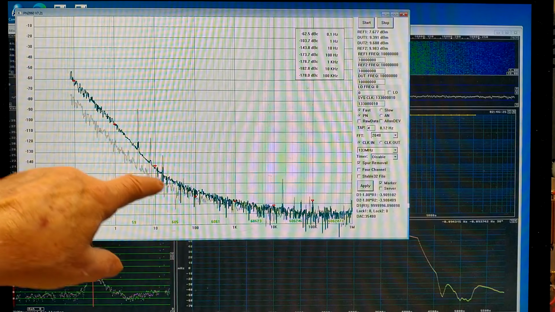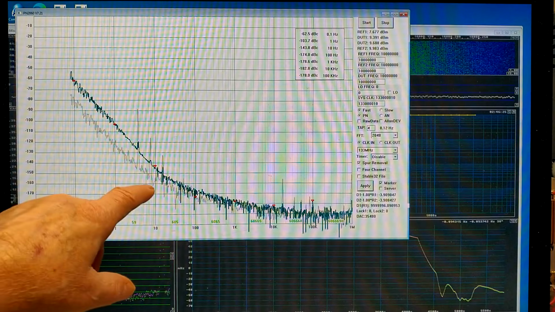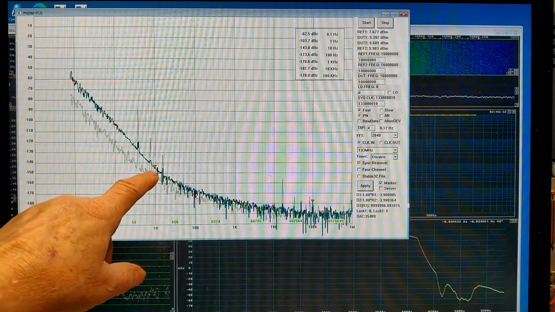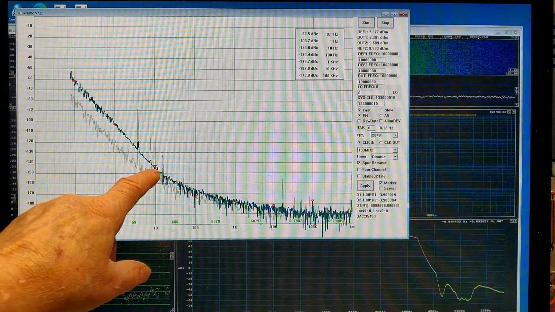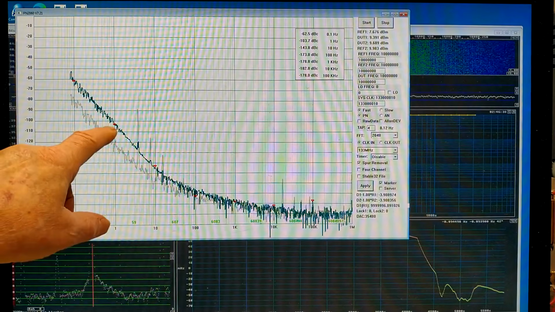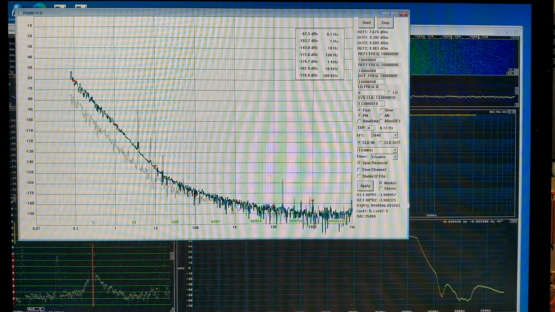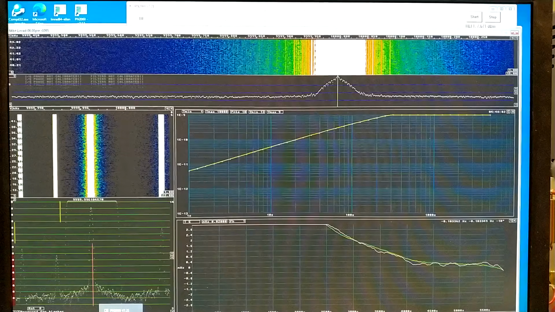It's a nice straight line, but it starts at 10 Hertz at minus 144 and 103 at 1 Hertz. Not good at all. This seems to have done something very good.